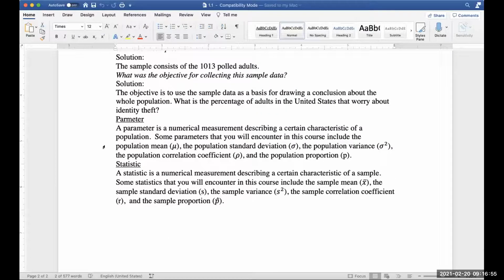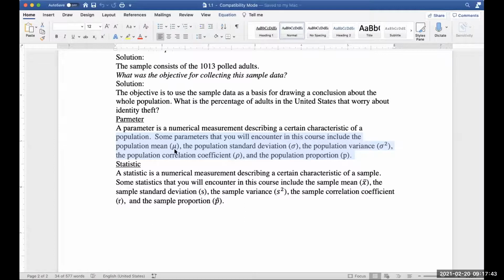So some population parameters that we'll be considering in this course are the population mean, which is denoted by this letter mu, the population standard deviation, which is denoted by this letter sigma, the population variance, which is denoted by sigma squared, the population linear correlation, well, Pearson's product moment linear correlation coefficient, rho, and the population proportion, P. So those are some, of course, we'll have many more than that, parameters that we'll be considering.